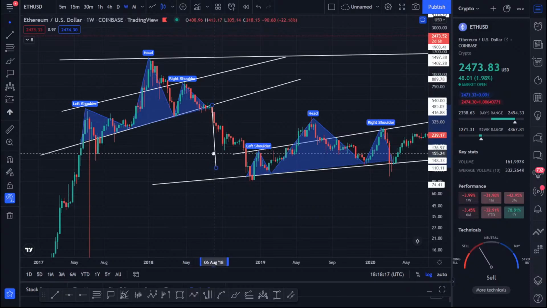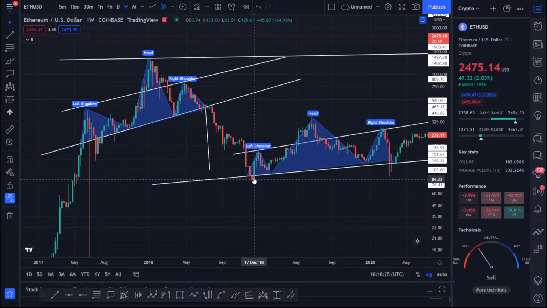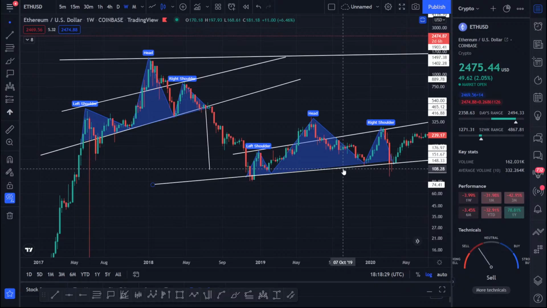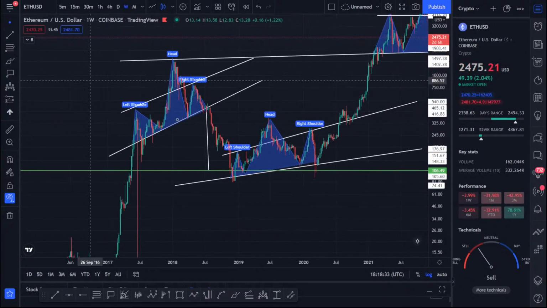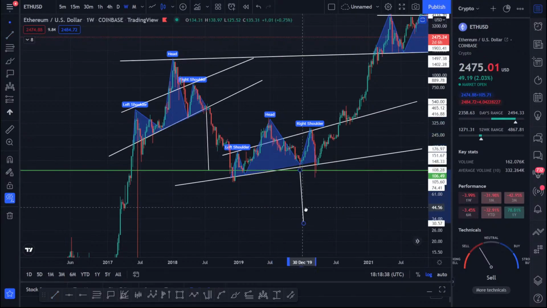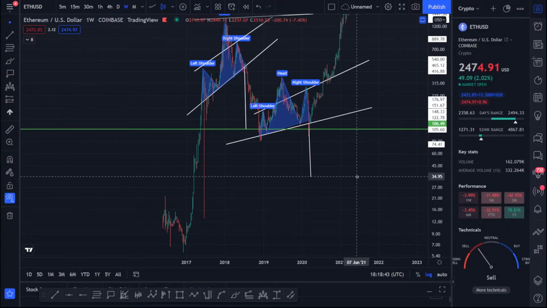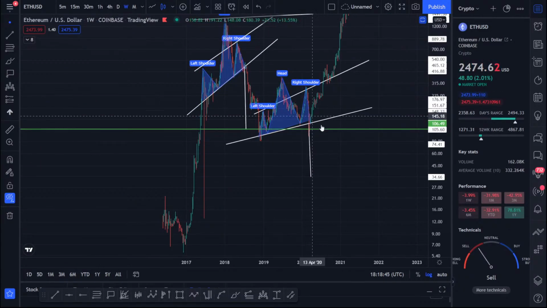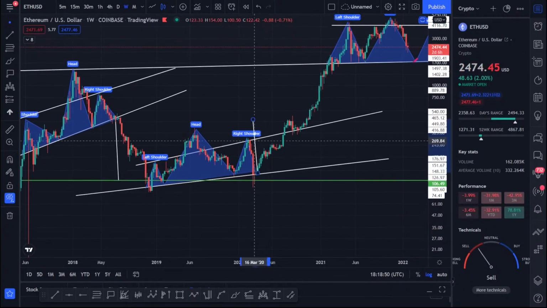Right over there was the breakout, and you can see it came right over here. It went a little bit below, but obviously it came right back up, and this is the technical target to the downside. If this would have broken towards the downside from right over here, it would have come down to $34 from 150-something dollars, but it broke to the top side.